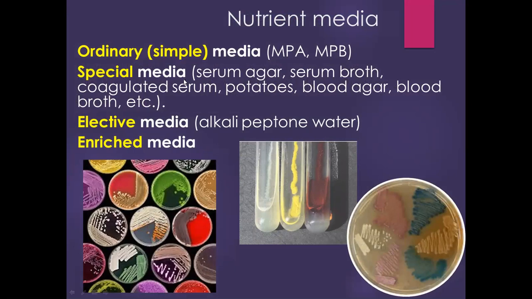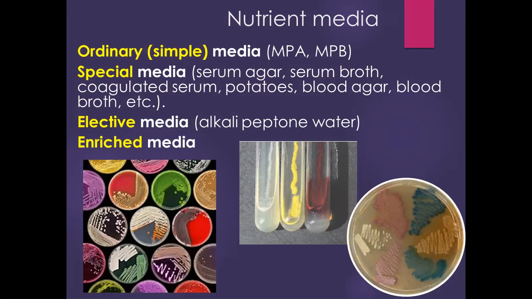The special media, the media for auxotrophic bacteria, have added some special compounds like serum or blood, potato starch, or animal tissues. And in these media, bacteria with special requirements can grow. Elective media produce favorable conditions only for one type of microorganism and suppress the growth of others.